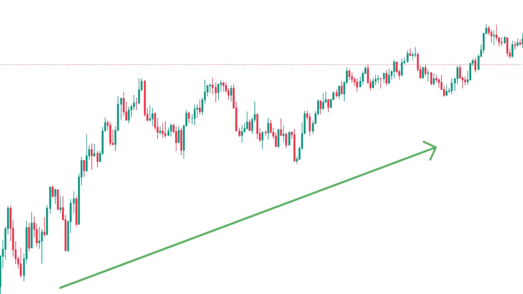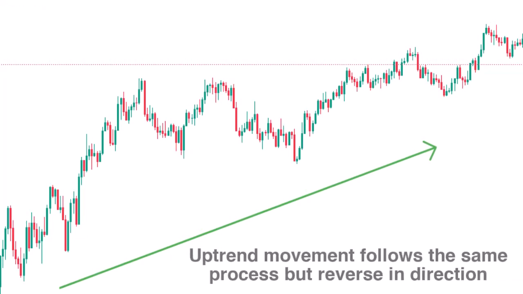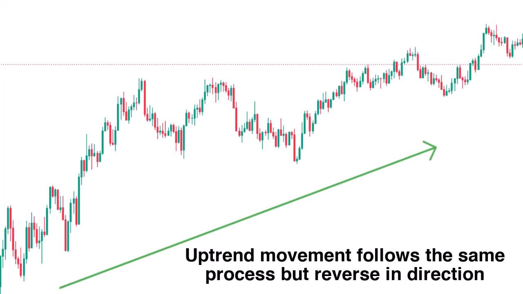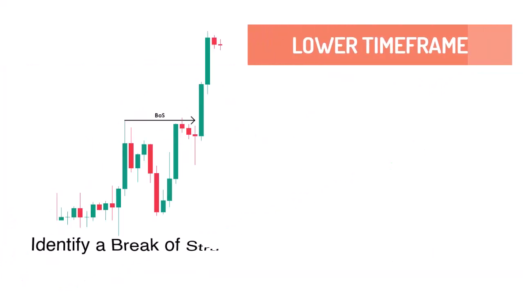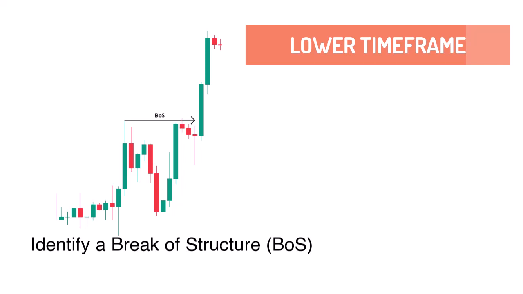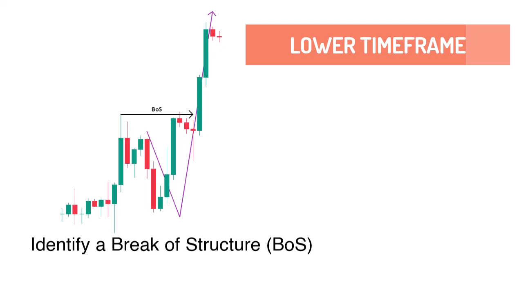Going into the uptrend movement, all the steps carried out during the downtrend movement will be replicated here. The only difference is that the case will be reversed in terms of the market direction. Now, looking at this chart, you can clearly see that a structure has been taken out with a strong impulsive movement after the end of the corrective move.